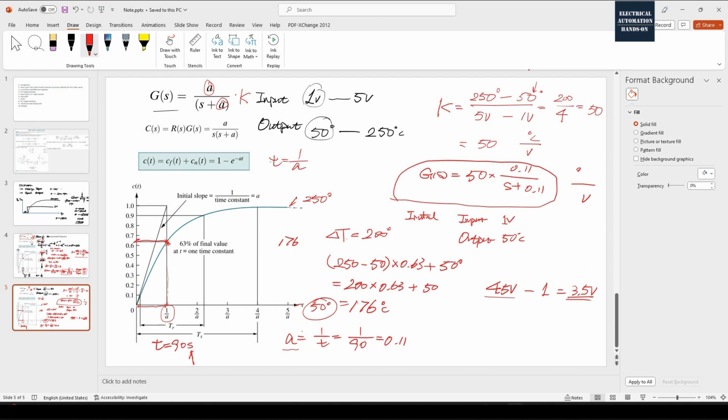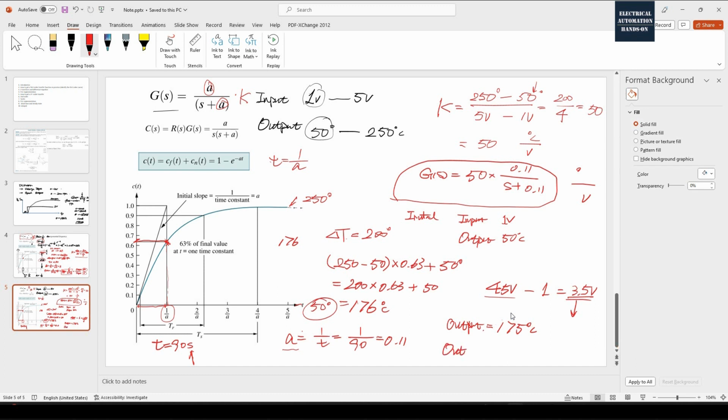Okay, and the output, when we are applying this 3.5 as a real input of this transfer function, then the output will get a result of 175 centidegrees. Then for the final output of the real system, we need to add the base.